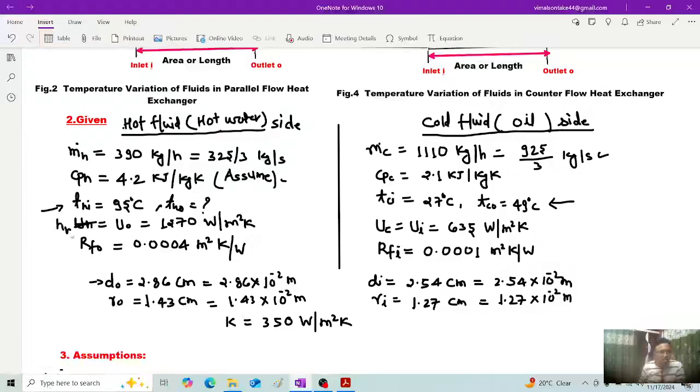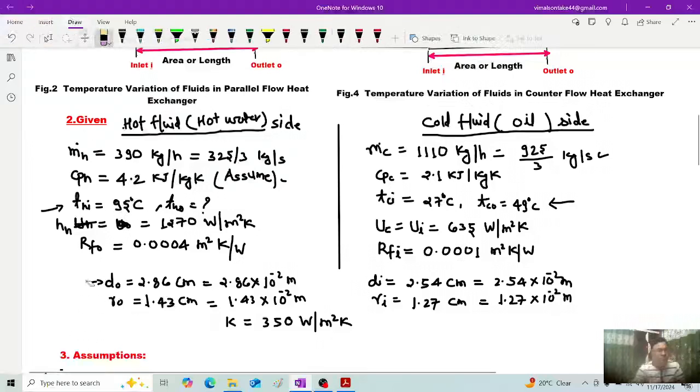So the heat transfer coefficient for hot fluid will be H naught.